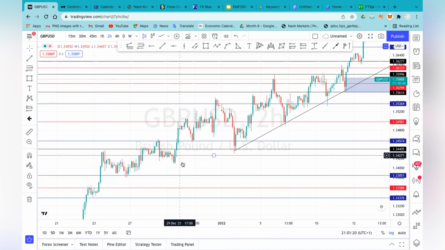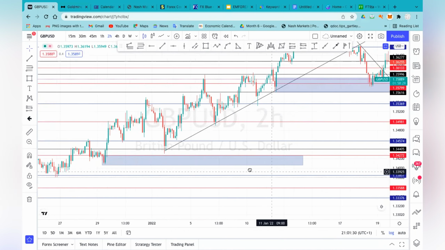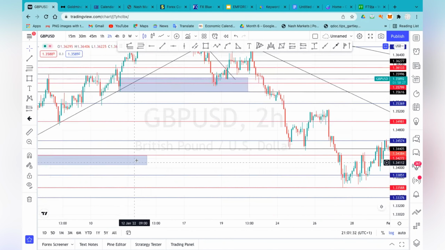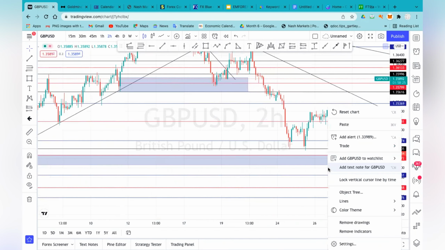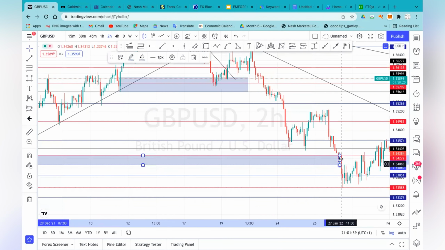This red line here is the daily support and resistance level. So now let's mark up this zone in line with the daily support and resistance. Let's see if price reacted to it. Okay, just a little reaction, was taken out and we tested the zone here.